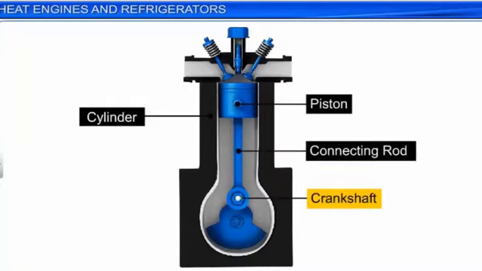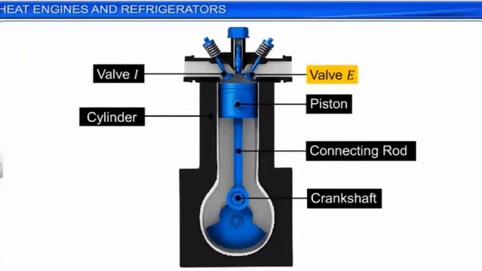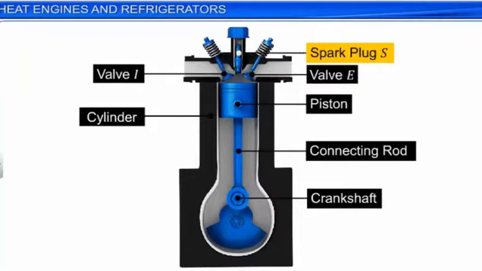There are two valves fixed at the top of the cylinder, I and E. Valve I is used to allow fuel into the cylinder, and valve E is used as an outlet of burnt gases. S is the spark plug used to produce electric sparks. The working of the petrol engine can be described in the following 4 steps.